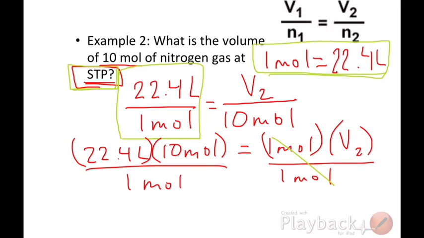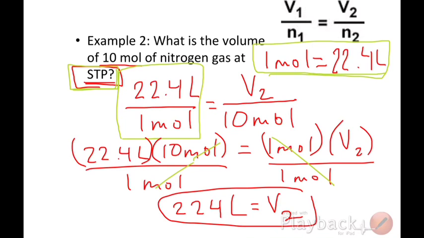So moles cancel, and we're left with 22.4 times 10. 22.4 times 10 is 224 liters, and that's our volume 2. You don't have to put it into your calculator because when you multiply by 10, you just move your decimal point 1 to the right. So that's what we did to go from 22.4 to 224.